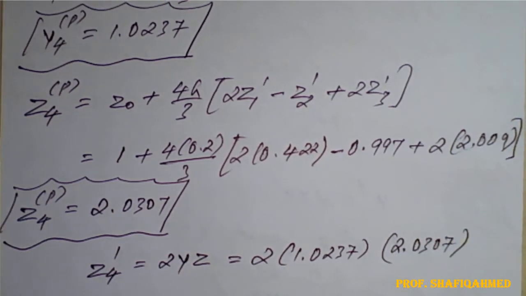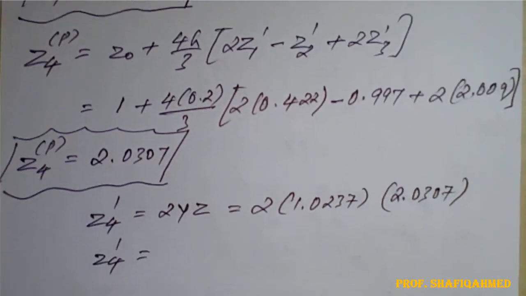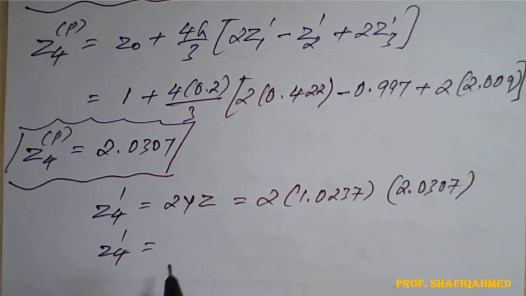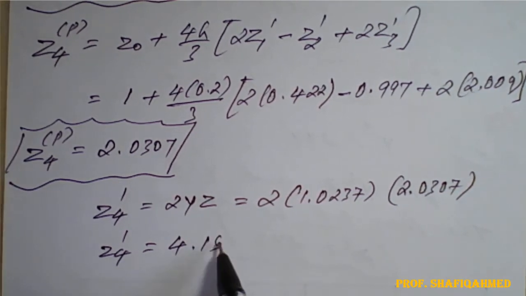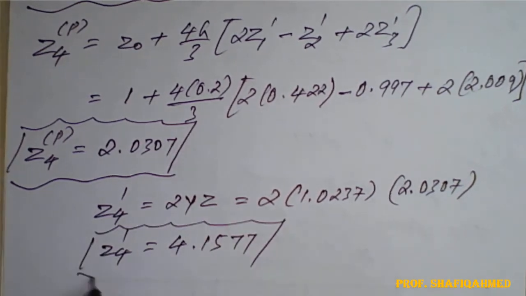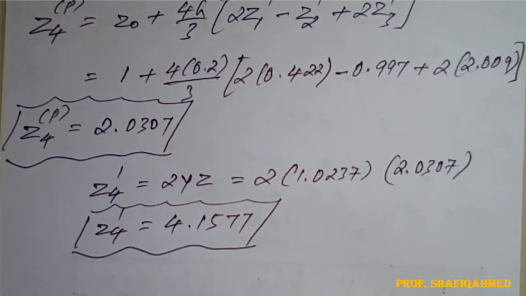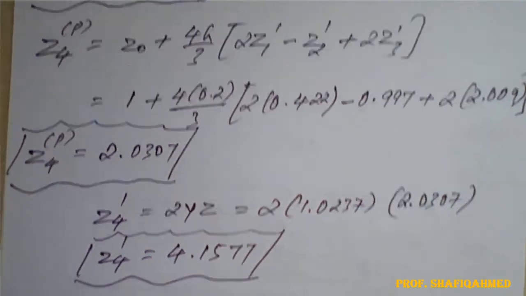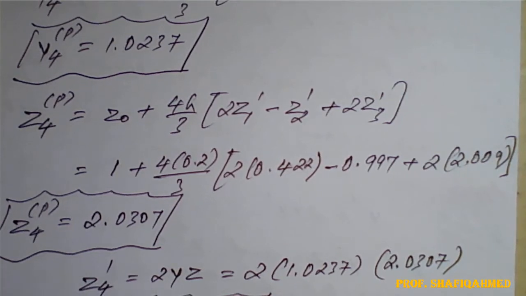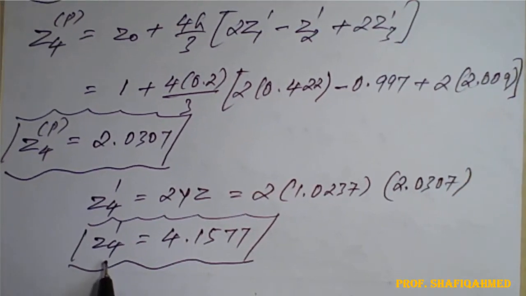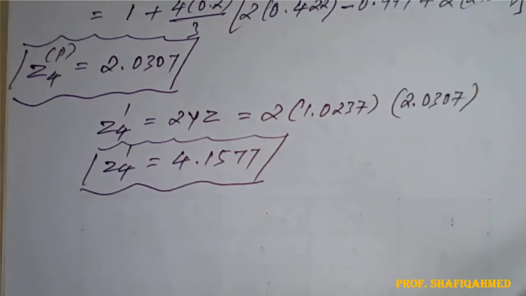So on calculation, z4 dash will be 4.1577. So we got predictor value of y4, predictor value of z4, and z4 dash.